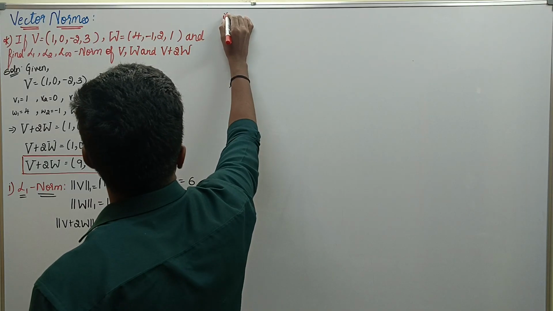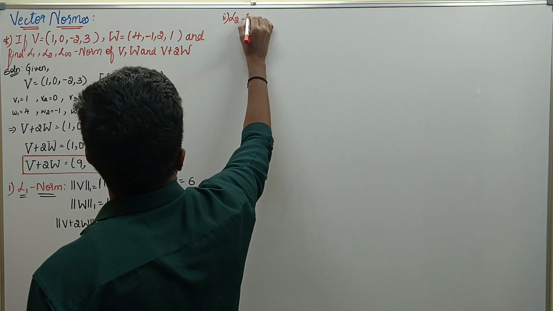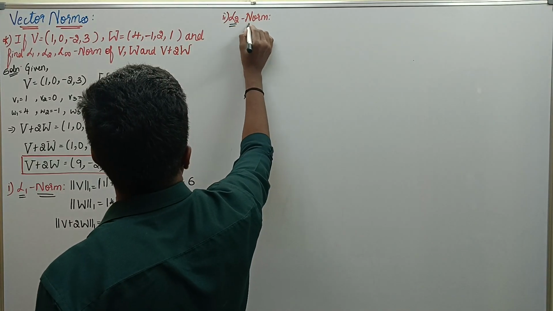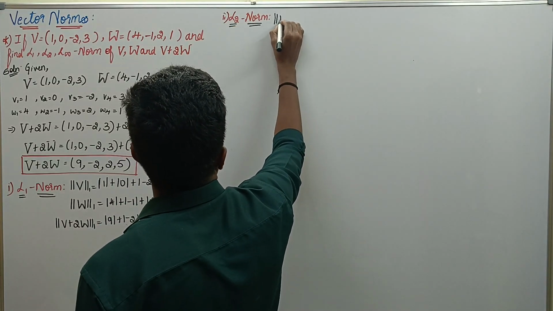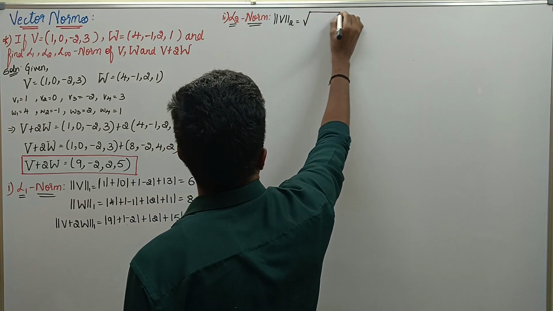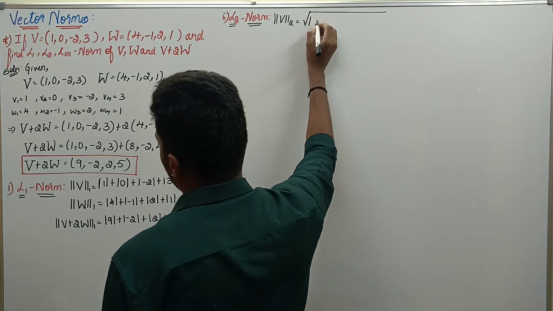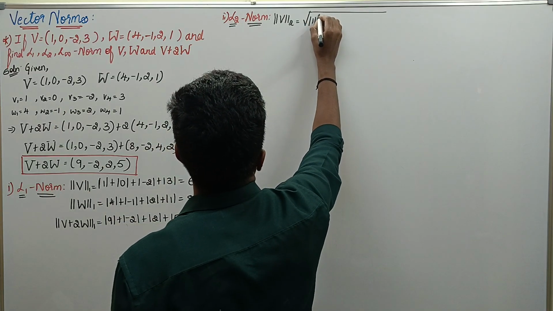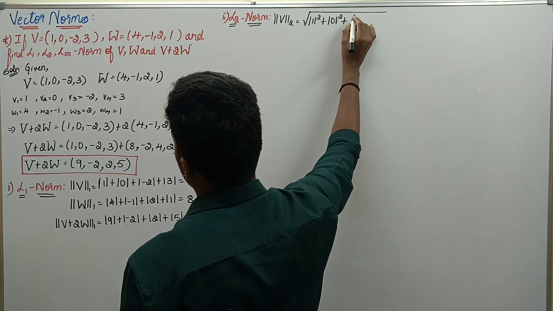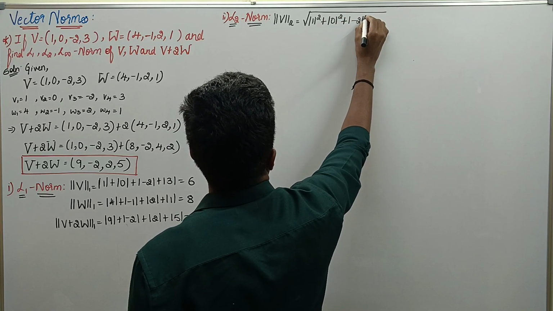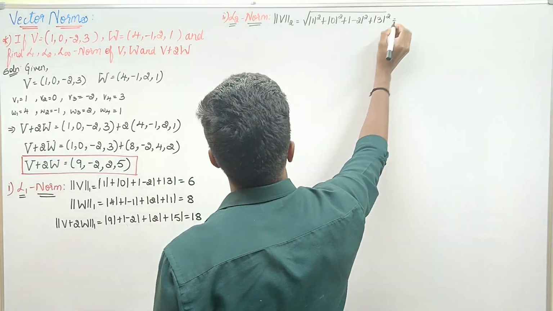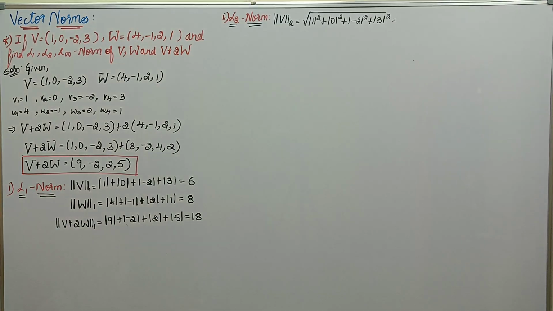Next let us go to the L2 norm. You can represent it as norm V2, which will be equal to square root of 1 square plus 0 square plus minus 2 square plus 3 square, which will be equal to, use the calculator.